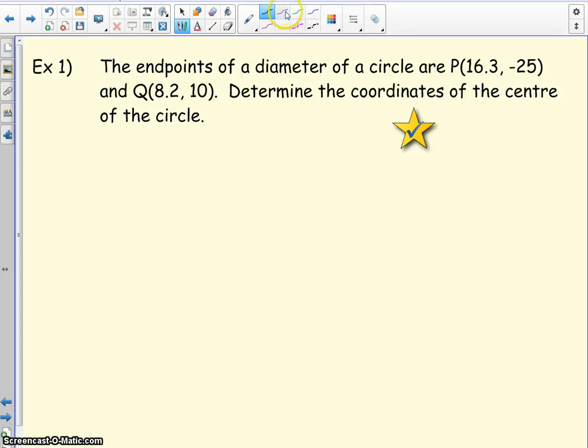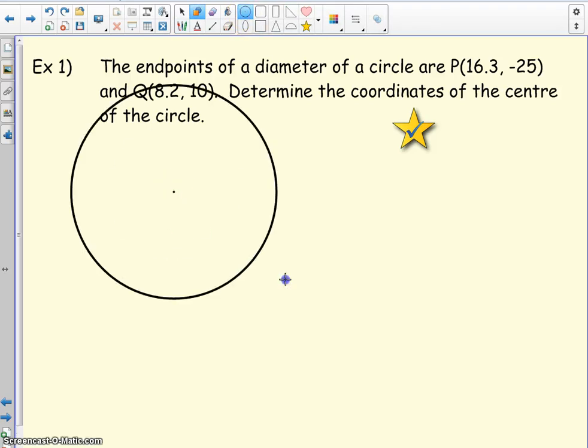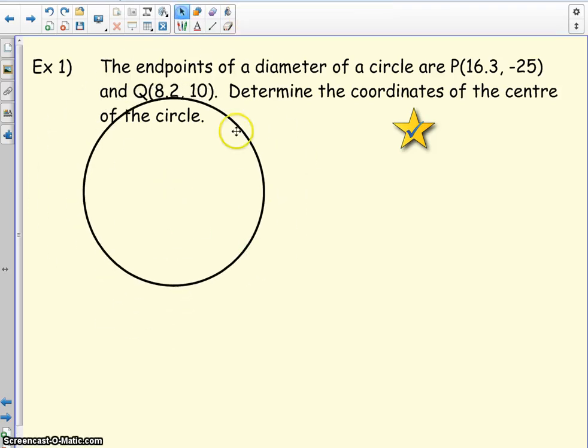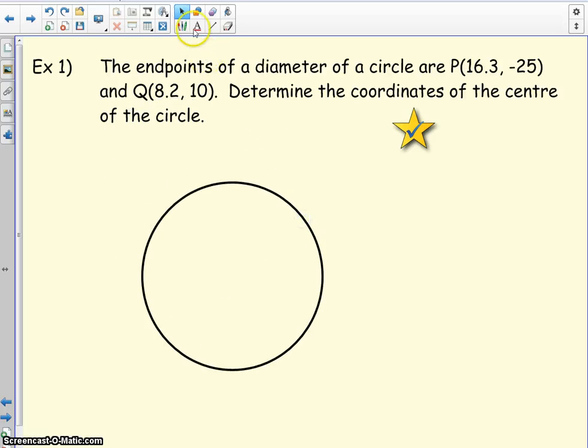So let's picture what this is going to look like. I'm going to draw a circle, and somewhere I'm going to have a diameter on there. Remember, a diameter is a line going across the circle that passes through the center.